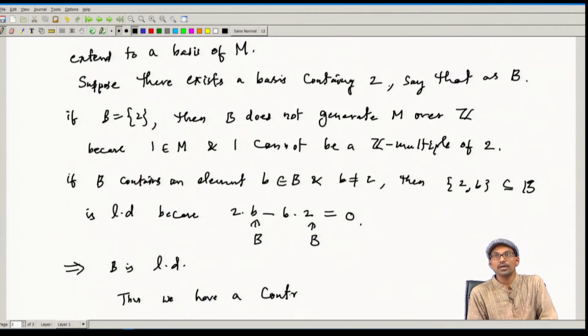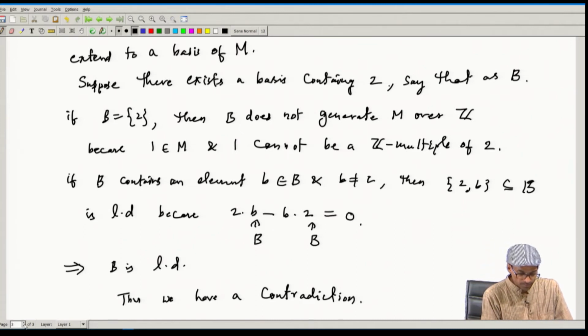Why? Because we started with B is a basis. So, that means that B should generate M, and not only that, B is linearly independent. Okay. So, therefore, we have this contradiction. Therefore, singleton {2} is a linearly independent subset, but this we cannot extend to a basis of Z over Z as a left module.